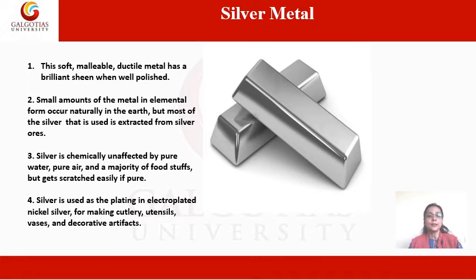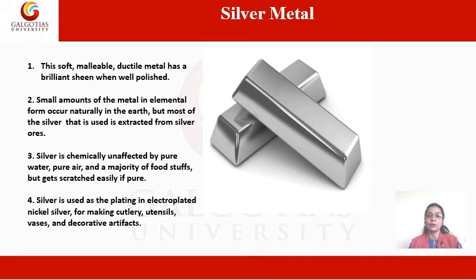Silver is used as plating in electroplated nickel silver for making cutlery, utensils, vases and decorative artifacts. In the hospitality industry, silver is used in various forms: in the kitchen, as a decorative piece in the F&B service area, or anywhere in the hospitality world.